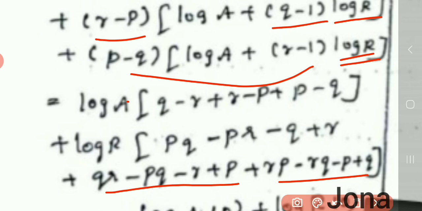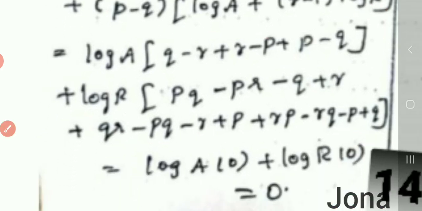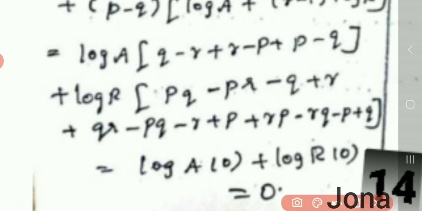We want to simplify here in the bracket itself. From the first bracket we can cancel plus r, minus q, plus q, and plus p and minus p, that is 0. So log a into 0.